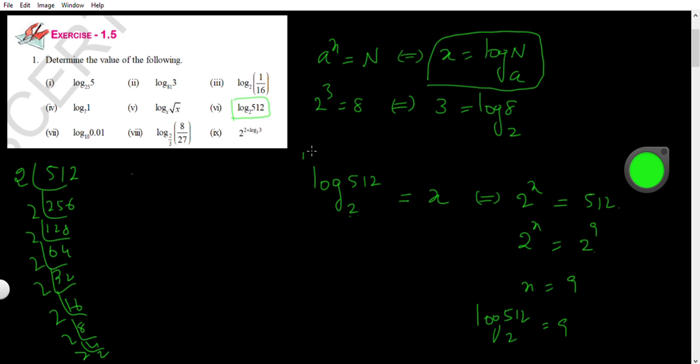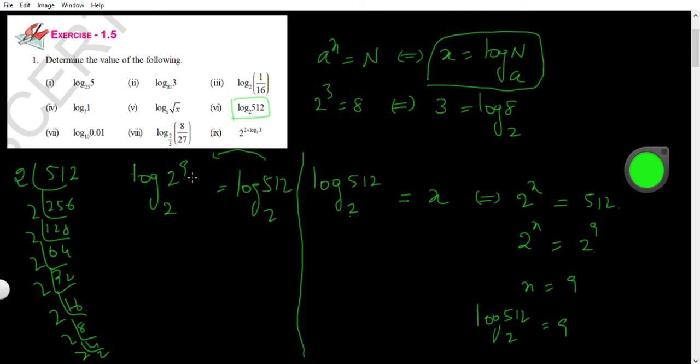When using identities like logarithmic rules, we can solve this very simply in one step. Logarithm of 512, we can write as 2 to the power of 9, and we have base 2. This is equal to logarithm of 2 to the power of 9 to the base 2.